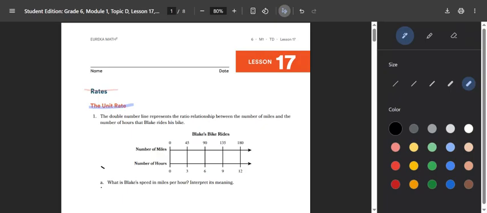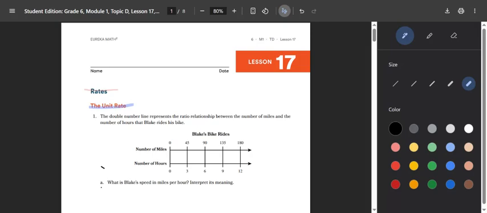A unit rate expresses the amount of something for every one of something else, which makes it really easy to compare things. Like yesterday when we were talking about speed, we found it was a whole lot easier to understand speed if we got the distance down to 1 unit of time.